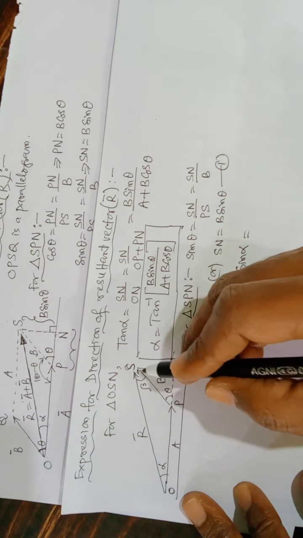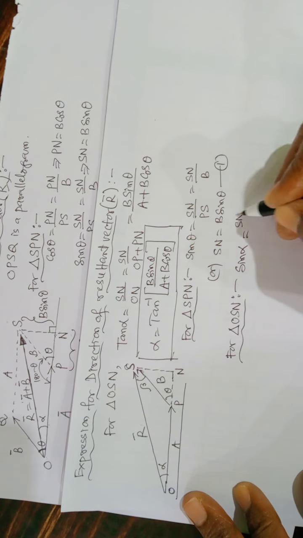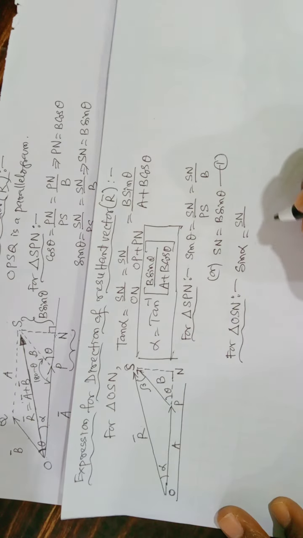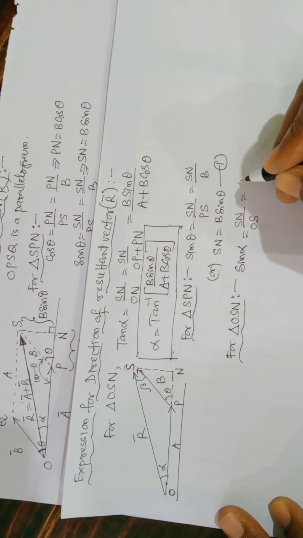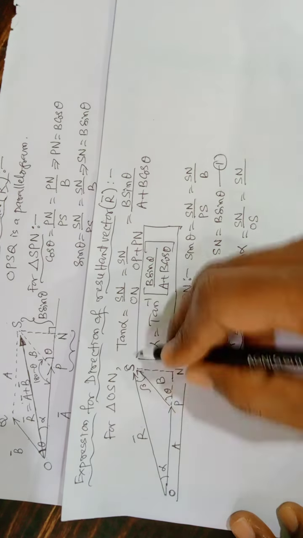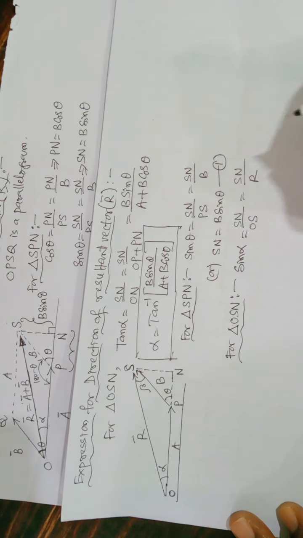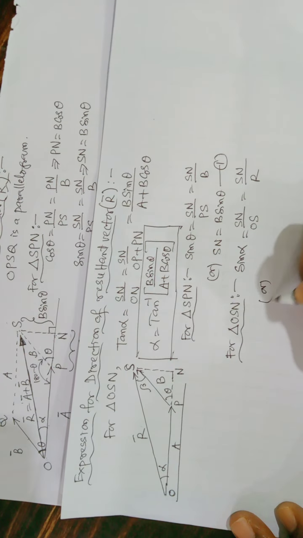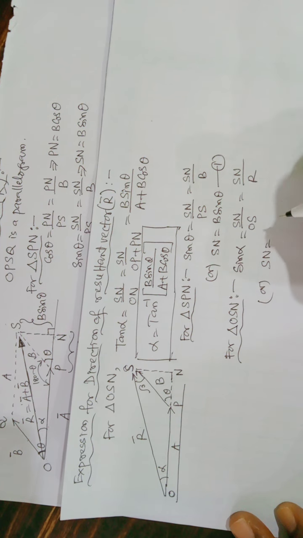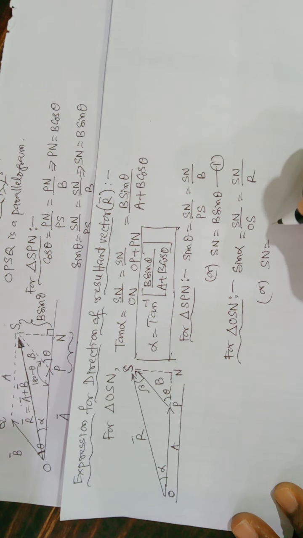Sin alpha is equal to opposite side by hypotenuse, SN by OS, which means R. So from this we get SN is equal to R sin alpha.